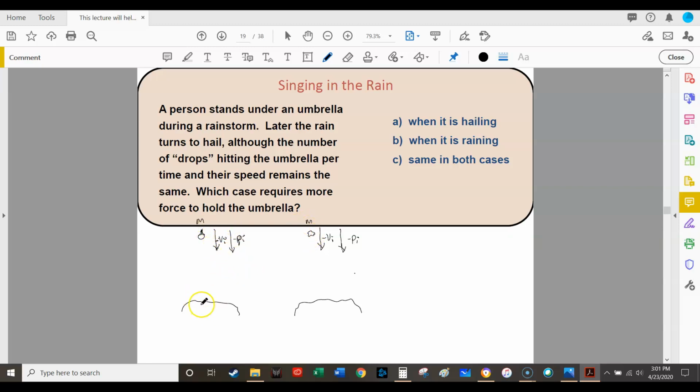However, I think what this is saying is that this little guy here, the raindrop, is just going to get splat, which means its final velocity is going to become 0, and thus its momentum is going to be 0, right?